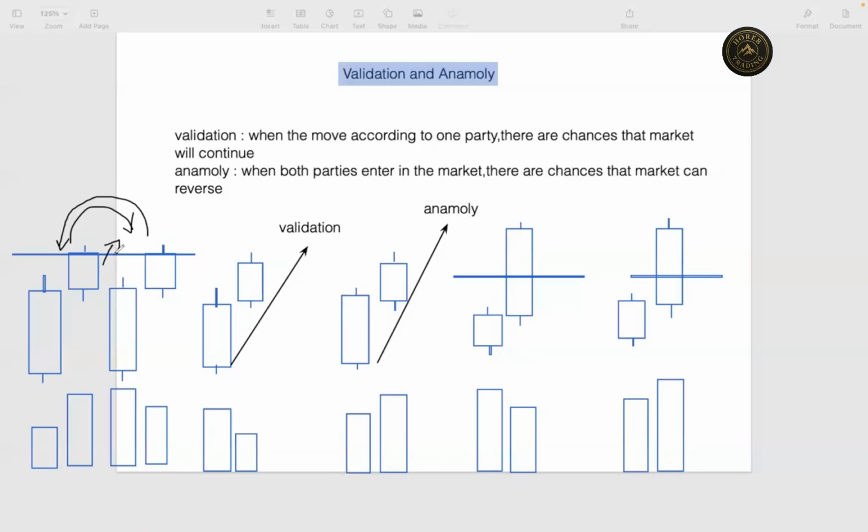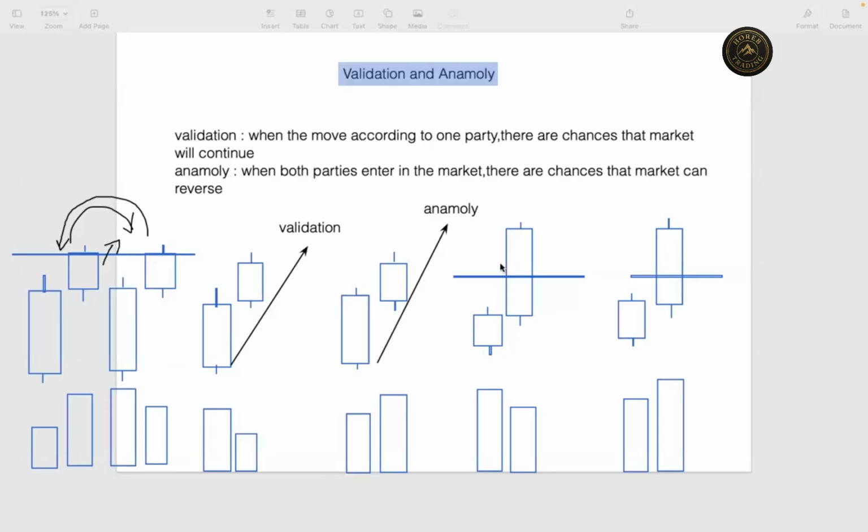But without that resistance, if this resistance was not there, we know that it's a sign that buyers are ready to continue. So you can see that validation without resistance is different than when you have validation in presence of resistance. It becomes anomaly because it will reverse.